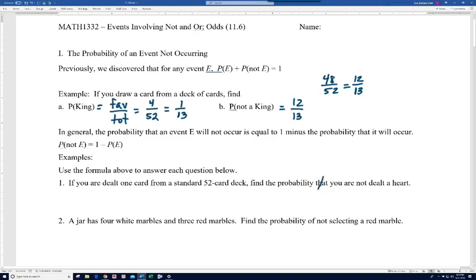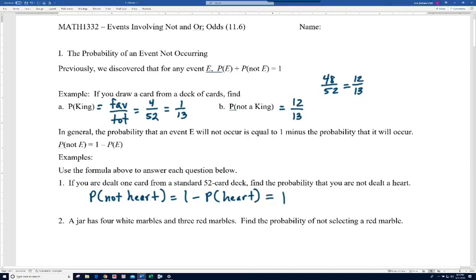So let's do some examples here. Use the formula above to answer each question below. If you are dealt 1 card from a standard 52 card deck, find the probability that you are not dealt a heart. The probability of not getting a heart equals 1 minus the probability that you do get a heart.